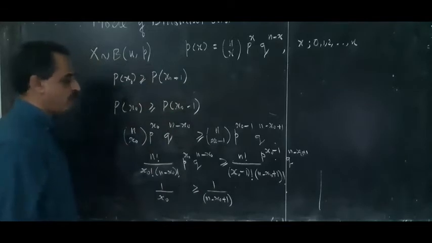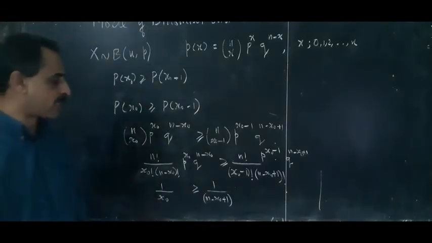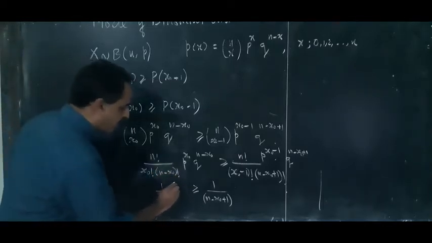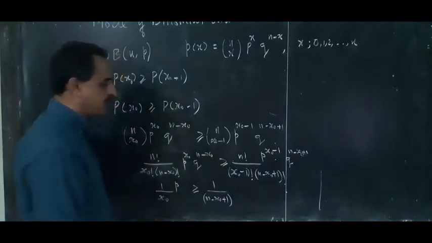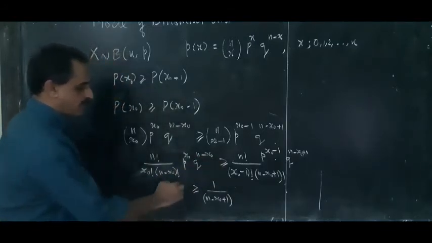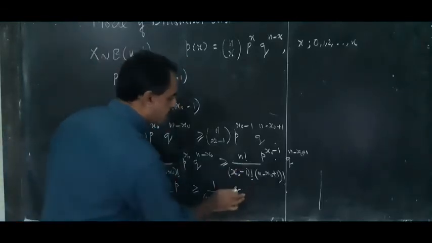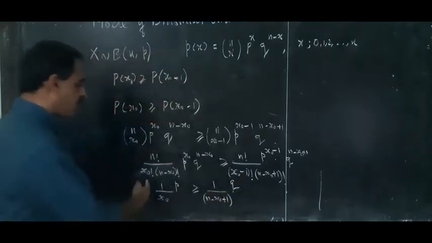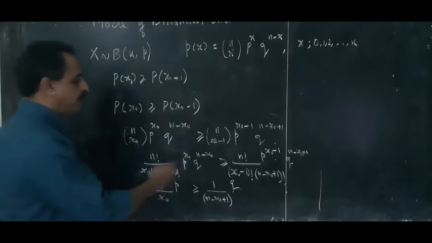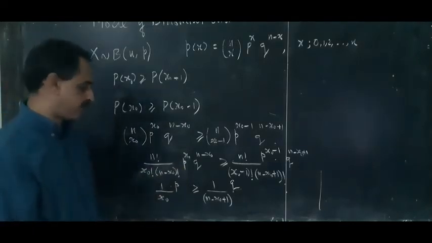So the terms from 1 to n − x0 will be cancelled. There is only the extra term n − x0 + 1. This is p raised to x0, but the opposite side p raised to x0 − 1, so p will remain there. On the left side q raised to n − x0, opposite side q raised to n − x0 + 1, so it is simply q. So this can be simplified using the cancellation of similar terms on left and right sides.